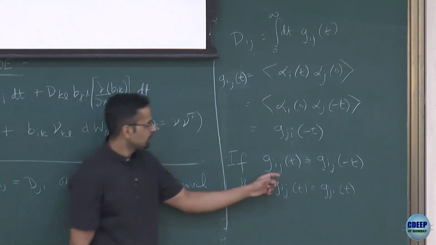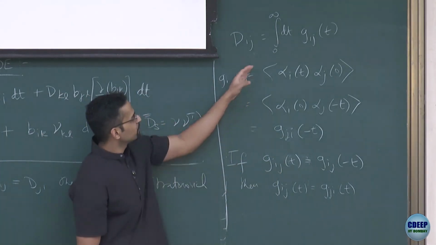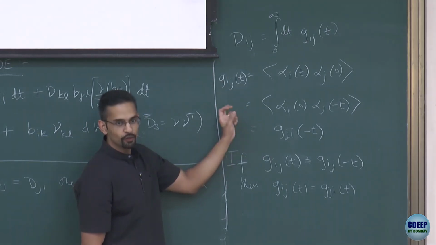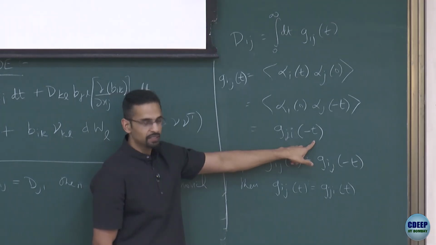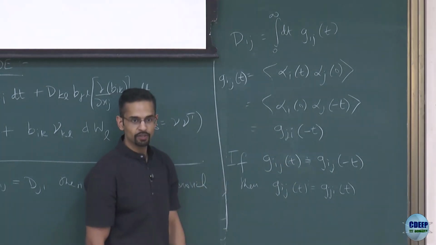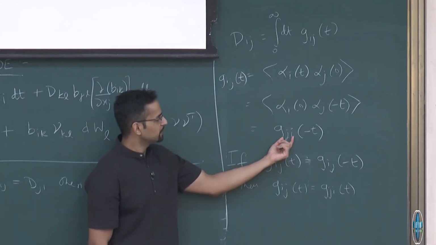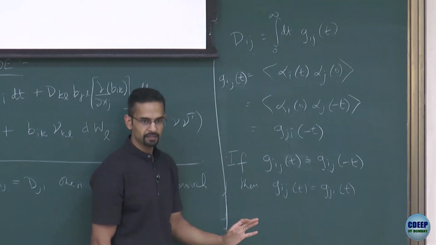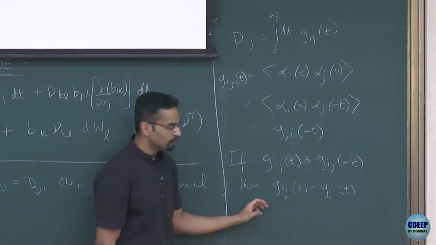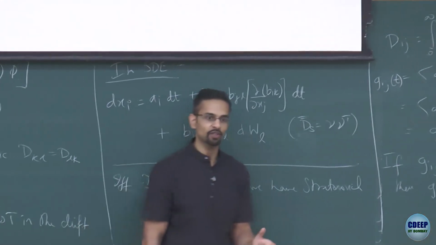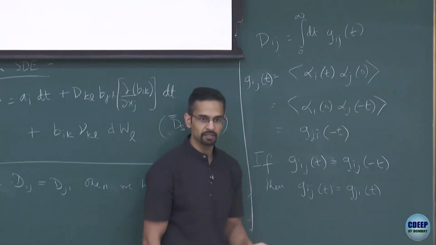Right, because basically what I'm saying is the definition will show you that if you put t to minus t, you can flip the index. When you flip the index, t will become minus t. But now if the autocorrelation of minus t is the same as the autocorrelation of t, then I can replace this by Gji at t, and that would mean it is symmetric. So what we have said is that a symmetric autocorrelation tensor implies also the process is reversible.